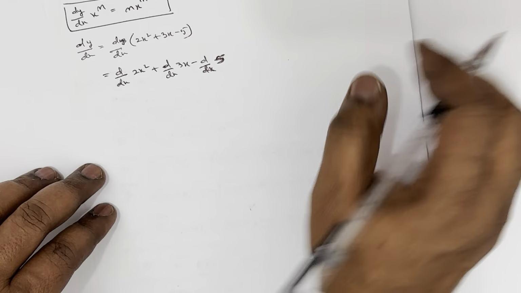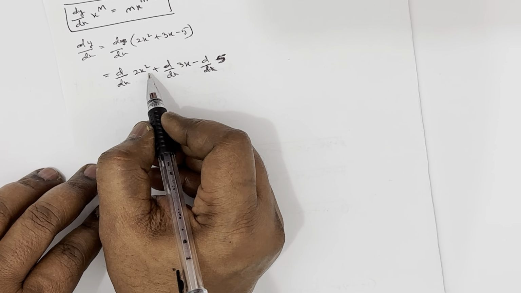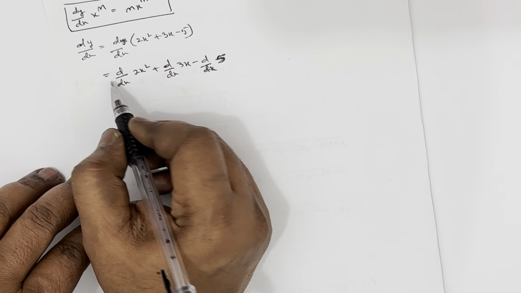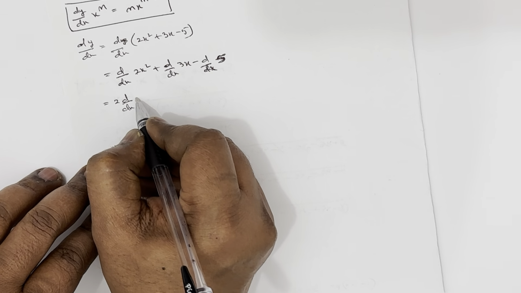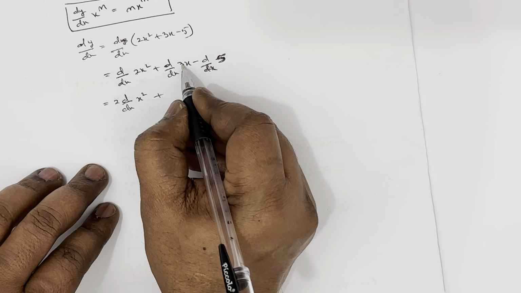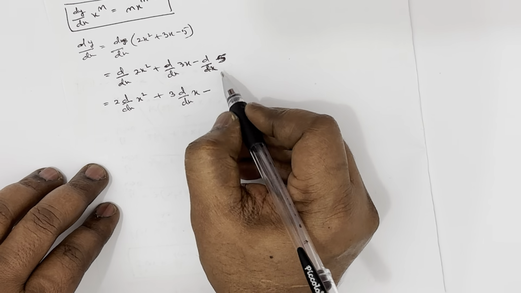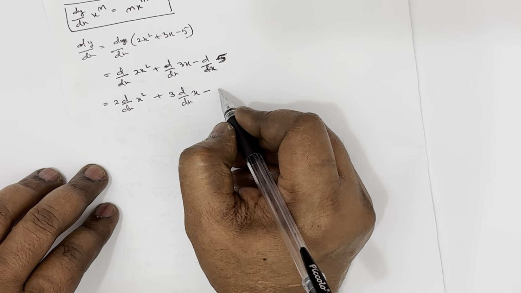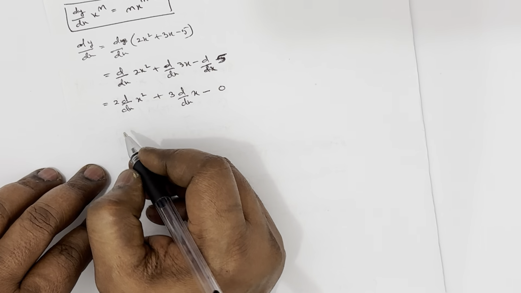Now again, by the theorem of a constant multiplied by a function, the constant can be brought out. So you write it as 2 d by dx of x square plus 3 d by dx of x minus, now the derivative of a constant is always 0. Let it be any constant, any number, it's 0.